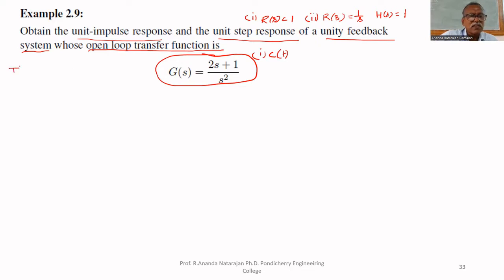Therefore, T of S equal to G of S upon 1 plus G of S H of S for negative feedback, but H of S equal to 1. That is equal to (2S plus 1) upon S square, divided by 1 plus (2S plus 1) upon S square.